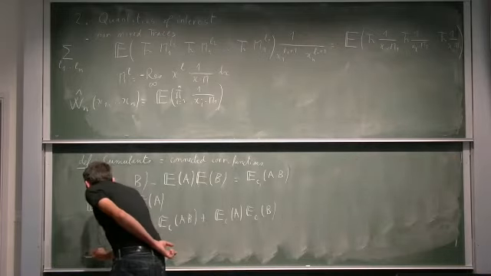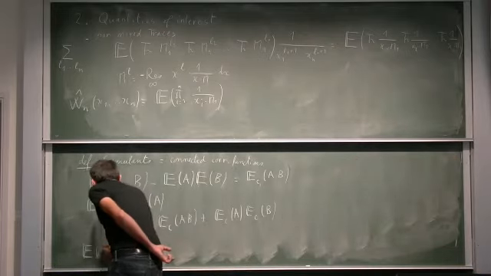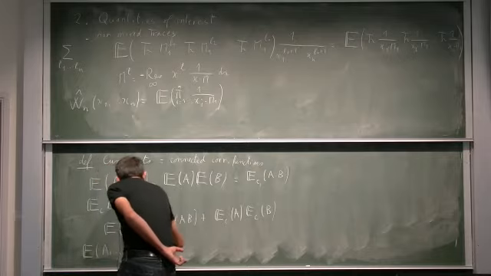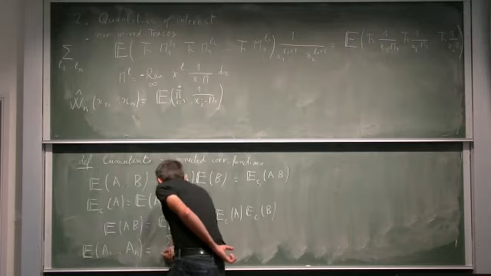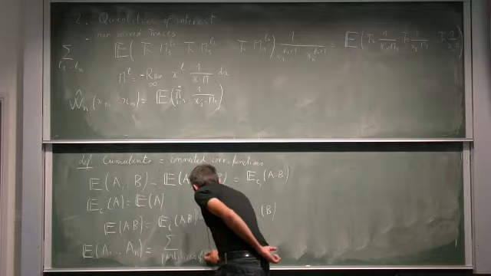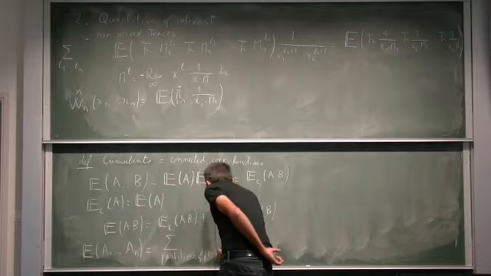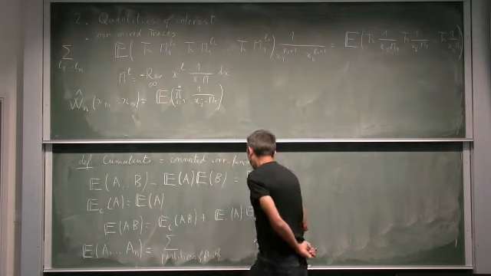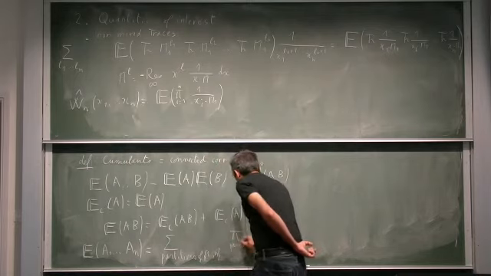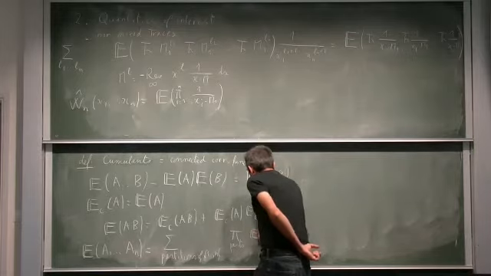And typically the expectation value of A1, ..., An will be the sum over the partitions of 1 to n of the product over all parts of the EC of the part.